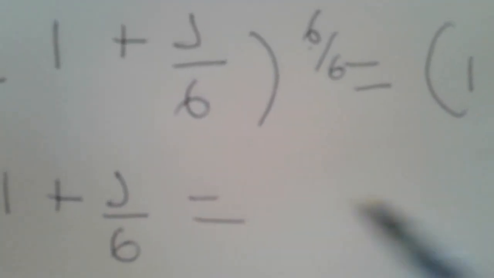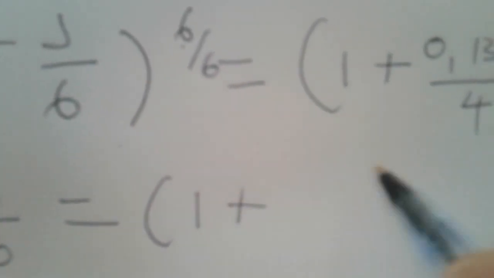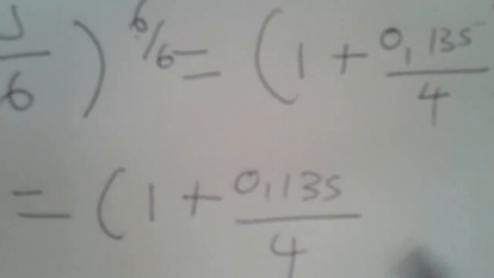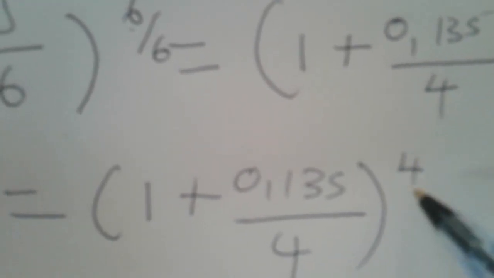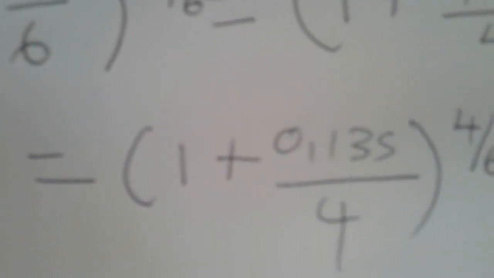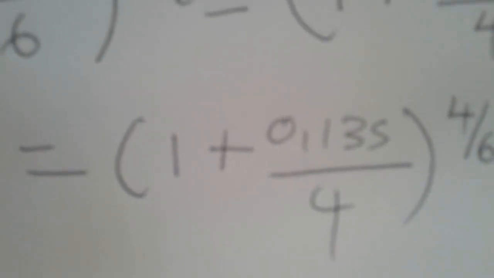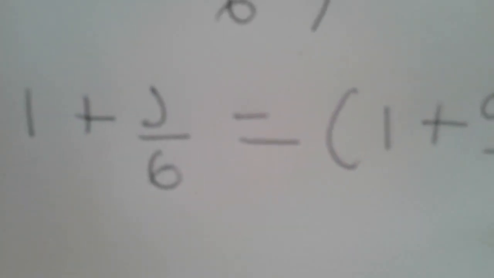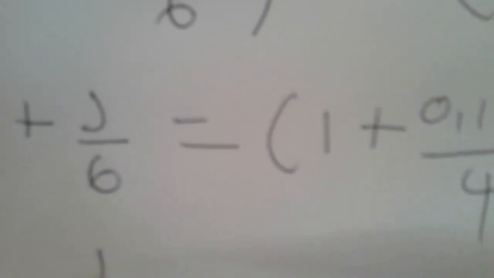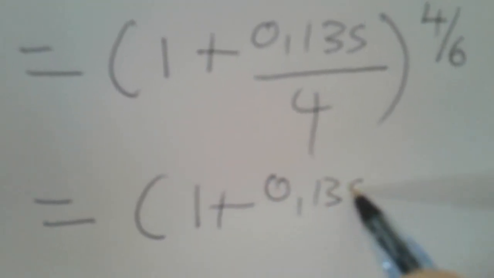which is equal to, open bracket, 1 plus 0.135 divided by 4 to the power of 4 over 6. If you want, you can start solving it here, or if you can use your brackets well, it's fine. Then you take this 1 to that side. So it's now j over 6 equals, open bracket, 1 plus 0.135 divided by 4 to the power of 4 over 6, minus 1.